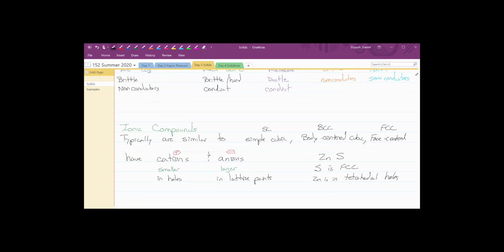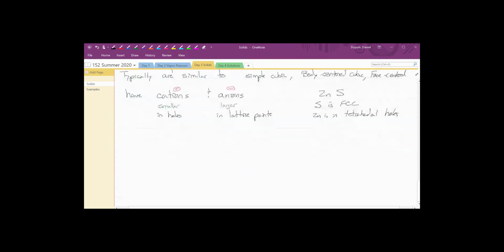A lot of times the anions are going to be body-centered, face-centered, or simple cubic, and the cations will just be in between somehow, whether it's octahedrally, tetrahedrally, or something else that we haven't really discussed yet. All right. But again, you don't need to memorize what compounds are which or anything like that. That's not important.